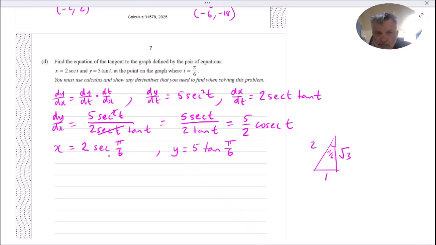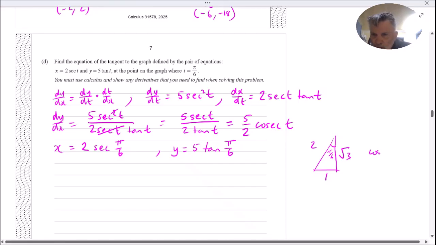So we've got sec, which is 1 over cosine. Cosine pi over 6 is root 3 over 2. So sec pi over 6 is 2 over root 3. Tan pi over 6 is opposite over adjacent, 1 over root 3.